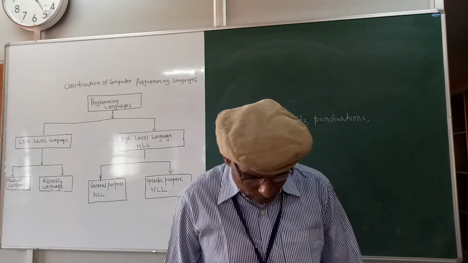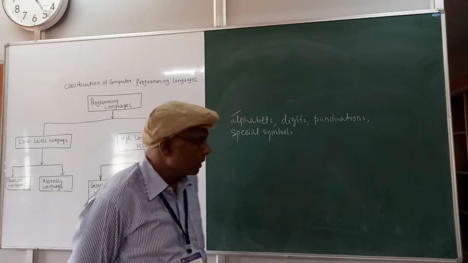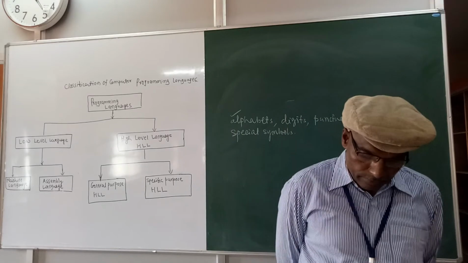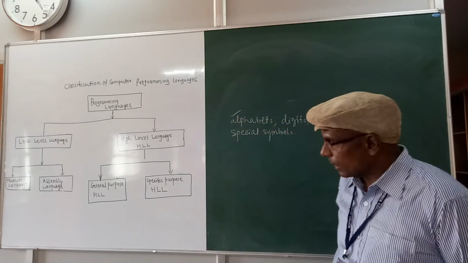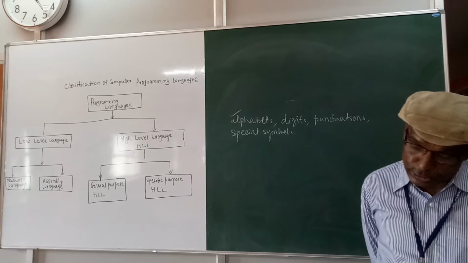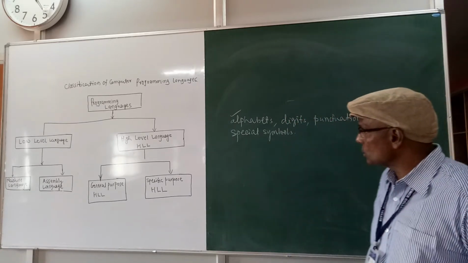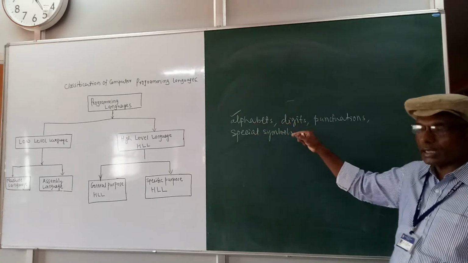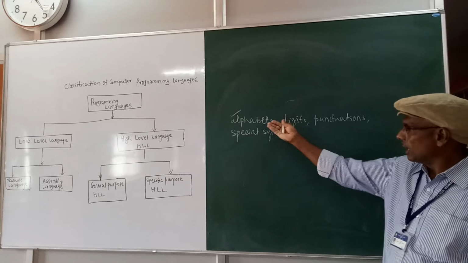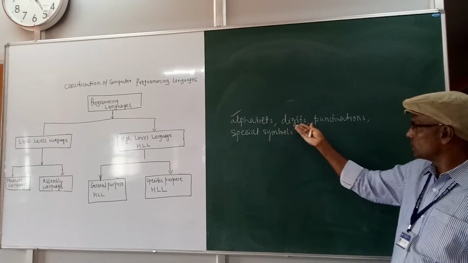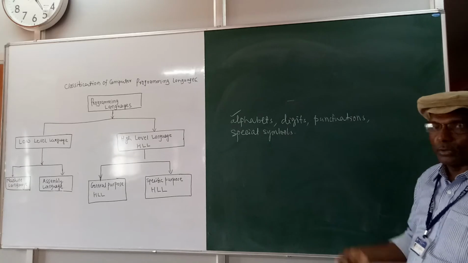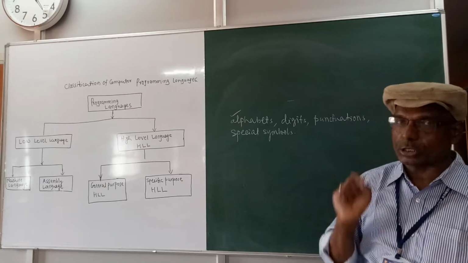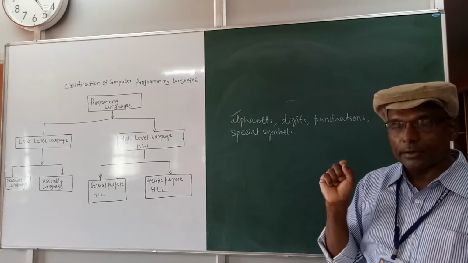So programs written in high level language are easy to read, easy to write and easy to understand because they are made up of alphabets of English, digits, punctuation, special symbols and so on. So we can easily understand and write every instruction.